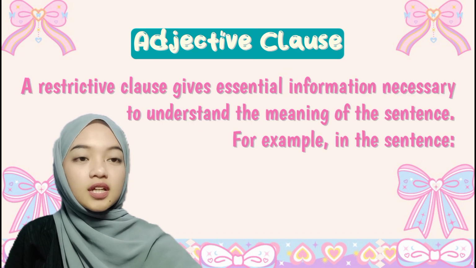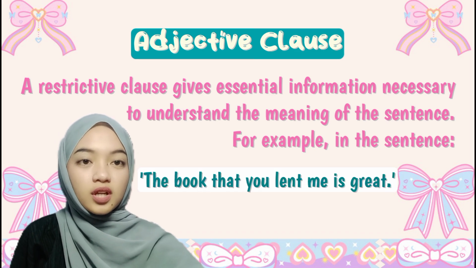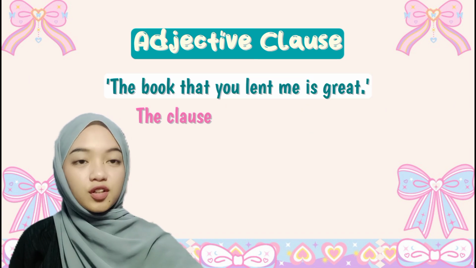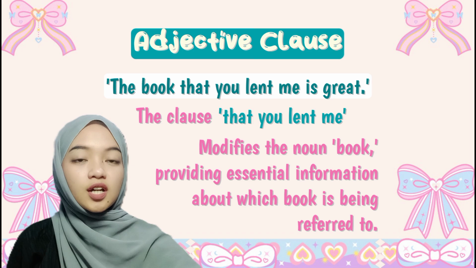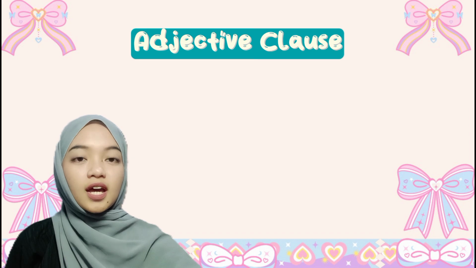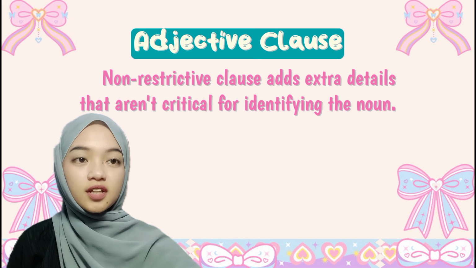For example, in the sentence, the book that you lent me is great. The clause that you lent me modifies the noun book, providing essential information about which book is being referred to, while a non-restrictive clause adds extra details that are not critical for identifying the noun.